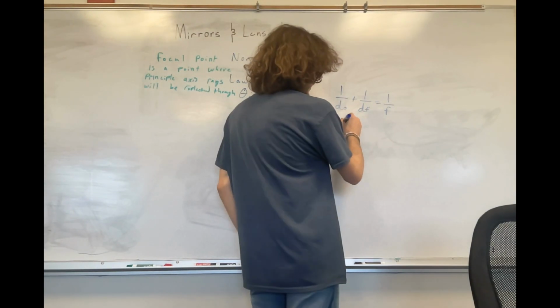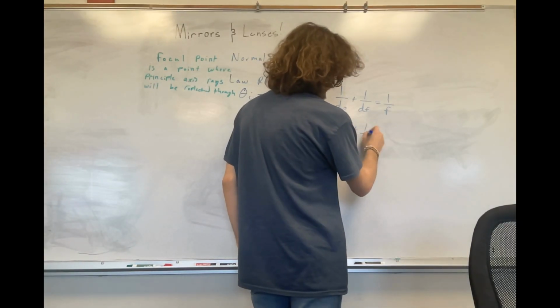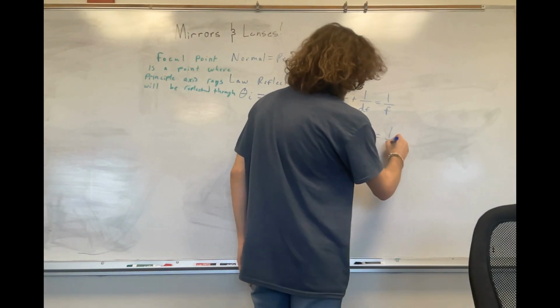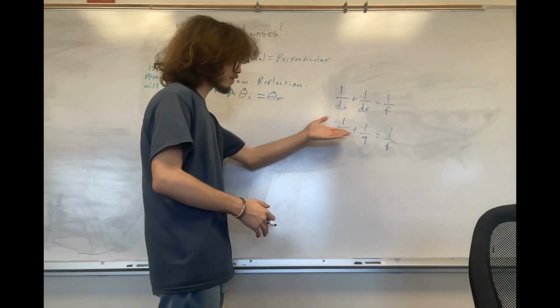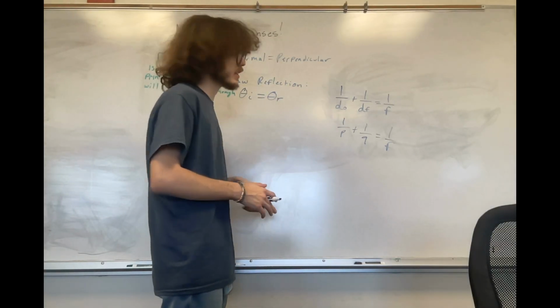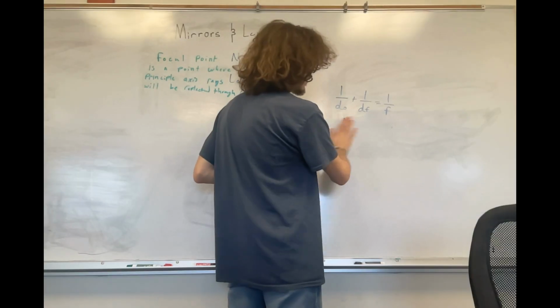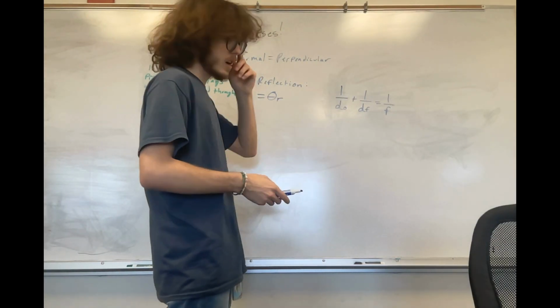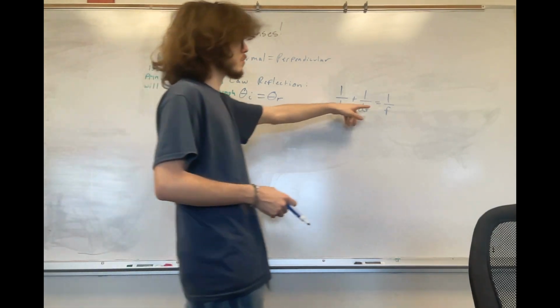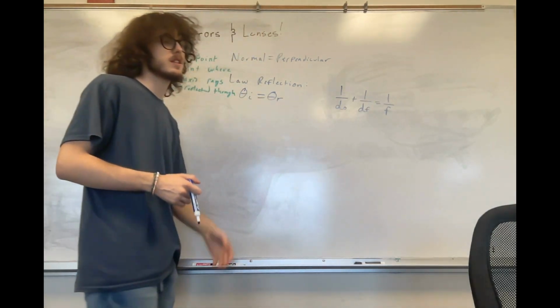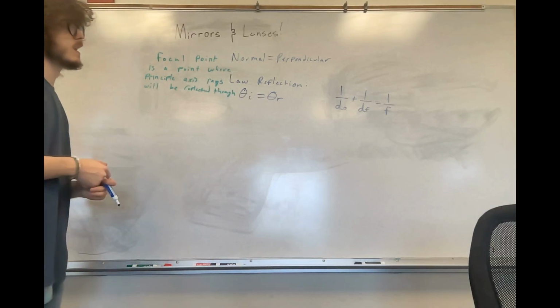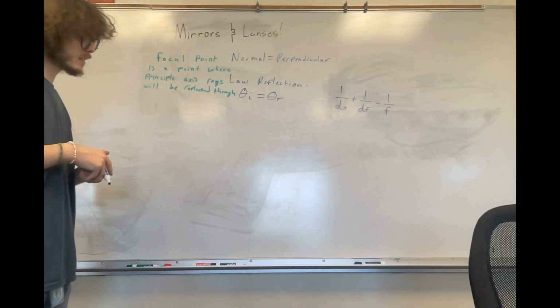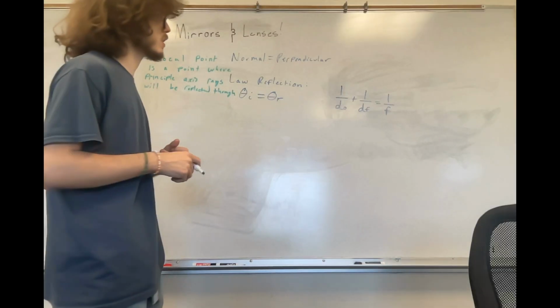You might also see this in your class as 1 over p plus 1 over q equals 1 over f. Either way you see it, I'm going to go with this. I think it's just a little more intuitive that way. But your object, 1 over your object's distance plus 1 over your image distance equals 1 over the focal length. So it's a very fundamental law that you'll see. And that's called the thin lens equation.